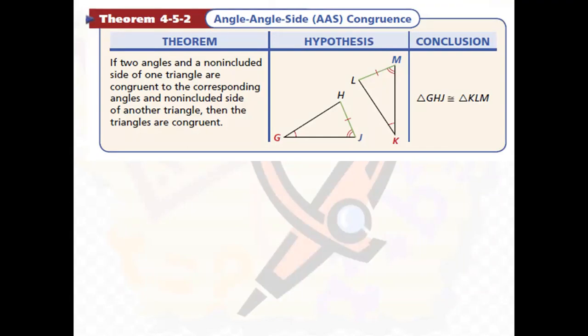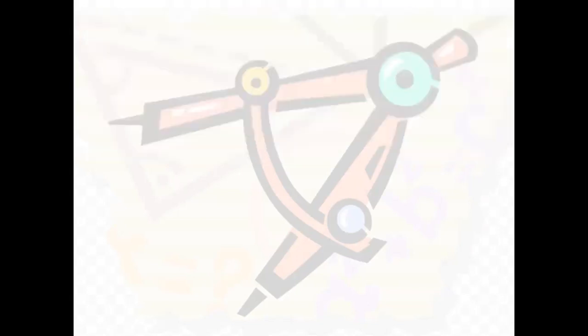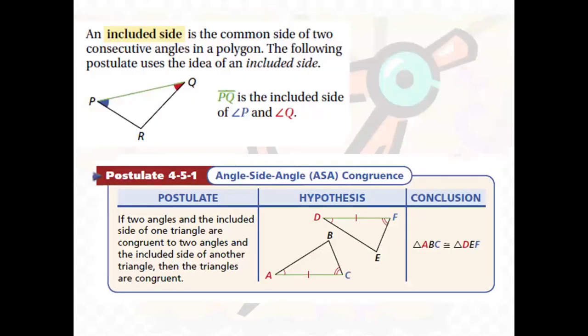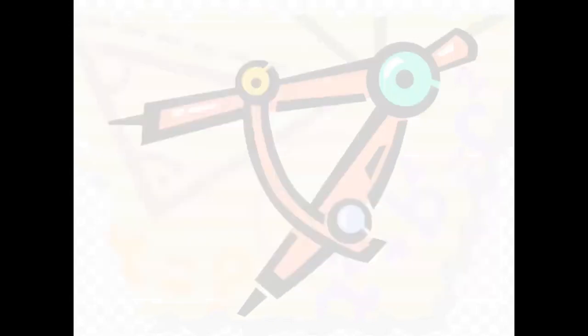ASA says that two angles and the included side. You can keep it in mind this way: two angles are on both sides, and the connecting line is in between. So if two angles and the connecting line in between are equal, both triangles are equal.